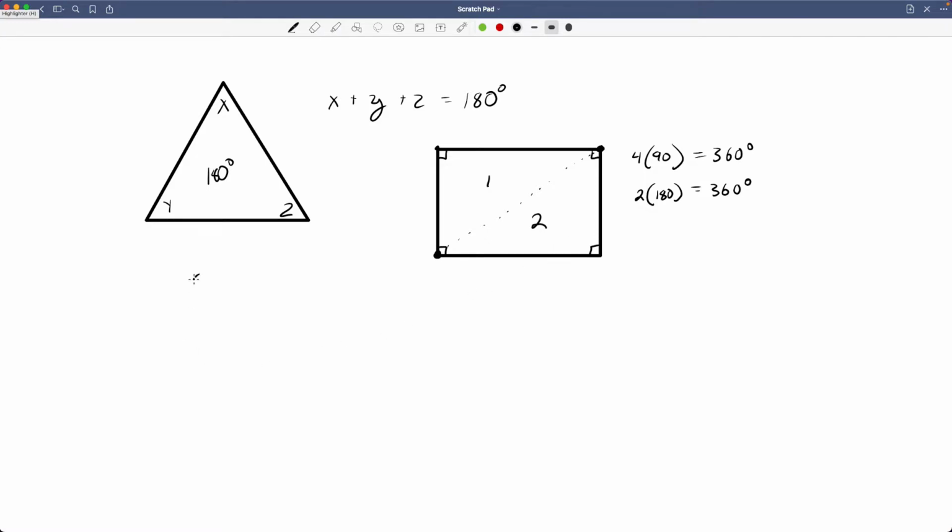Let's do a 5-sided shape. 1, 2, 3, 4, 5. Actually, let's do a 6-sided shape because that just happens to be what I drew. So if we have a 6-sided shape, for this one, it was half, right? So let's see if we can get 3 triangles out of this one. Since it's 6, half of that should be 3, right? So let's see if that's what works.